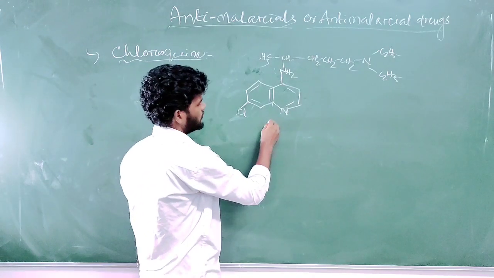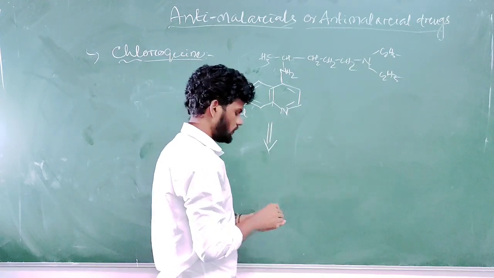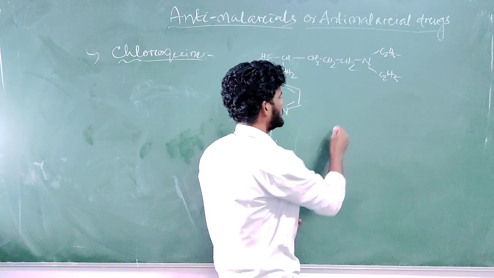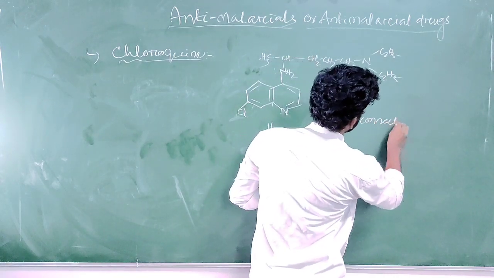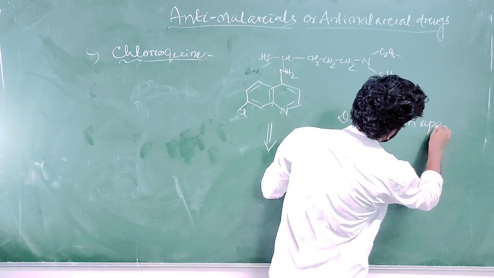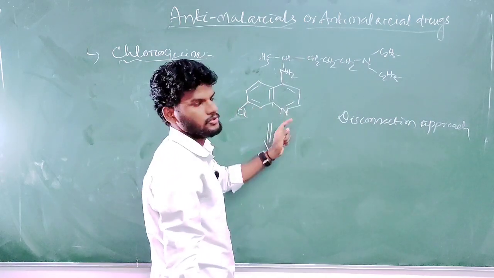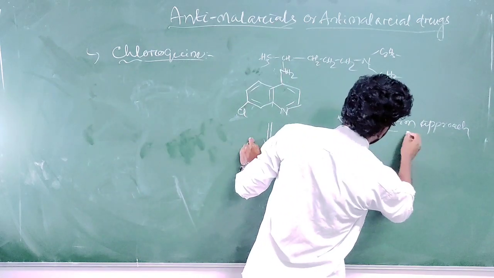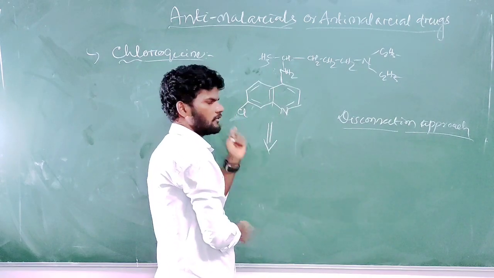So how do we synthesize these large molecules? There is one concept you are going to study in MSc, the disconnection approach. What do we mean by disconnection? It means disconnecting a large molecule in such a way that it breaks into 2 or 3 parts.